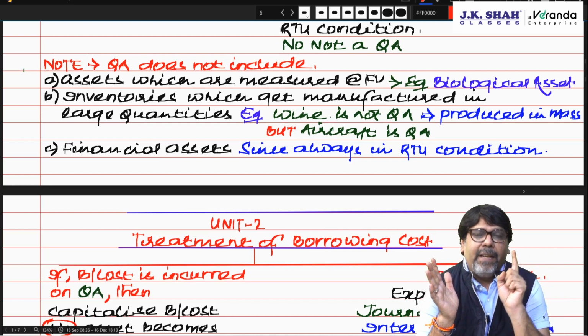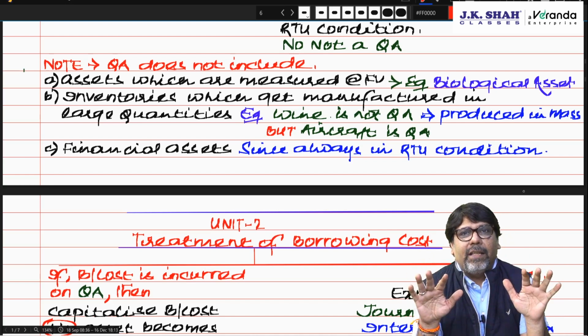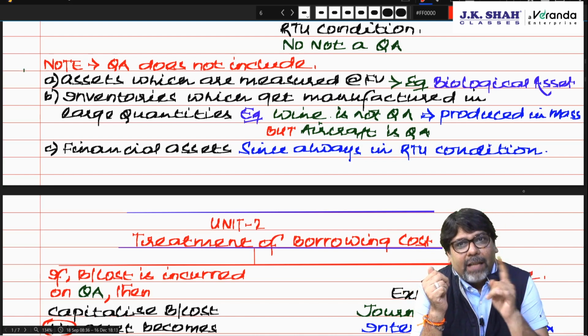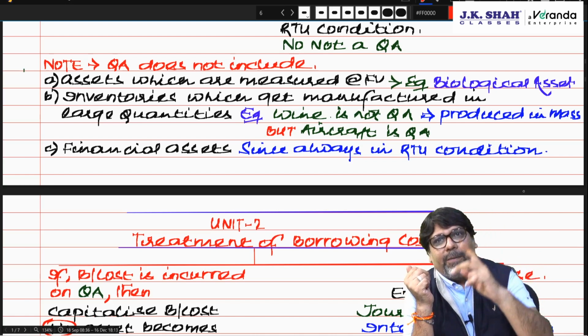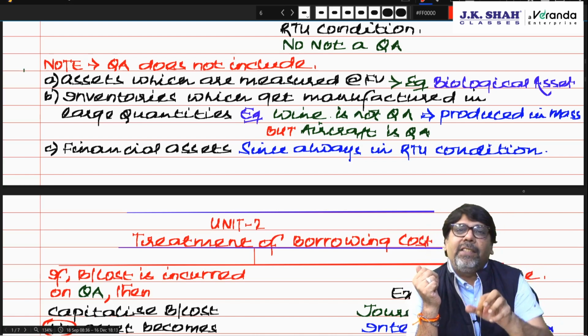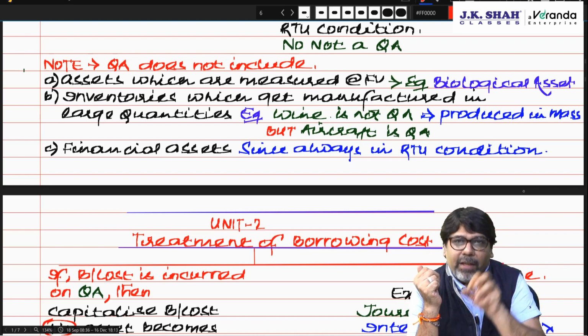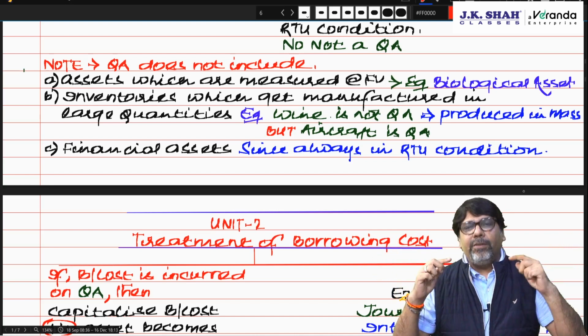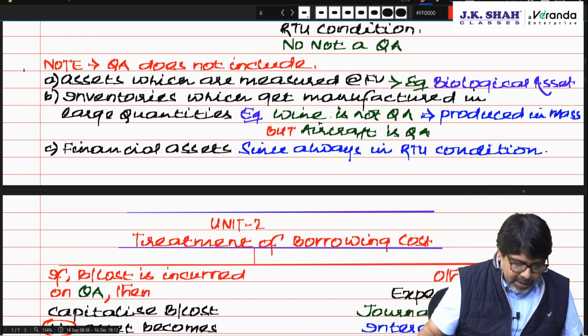If it is manufactured in mass, those assets are not considered qualifying assets for this standard. But if they are manufactured one-by-one, then such inventory shall also be considered a qualifying asset. Example, an aircraft, which is not produced in batches, it is produced one after the other. Am I clear, chartered? Yes.